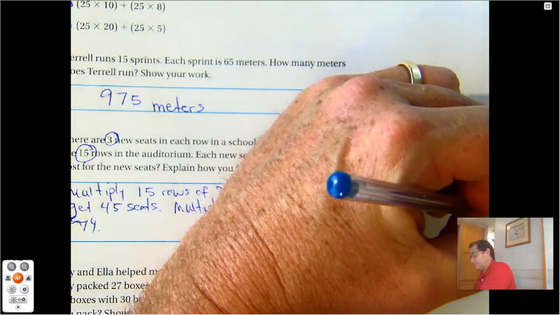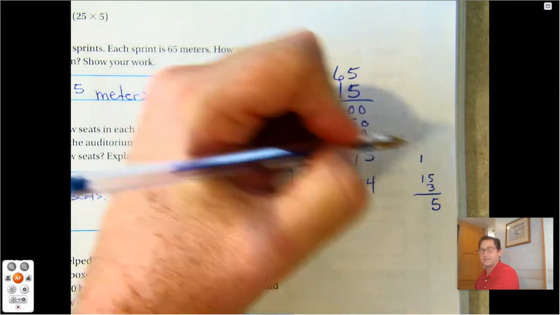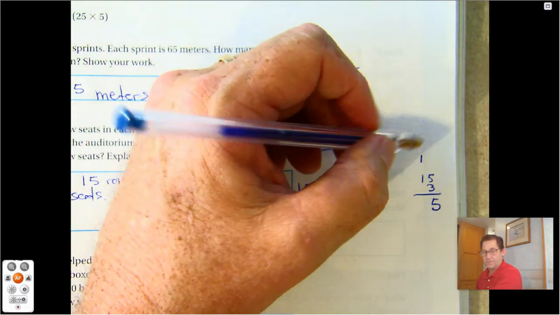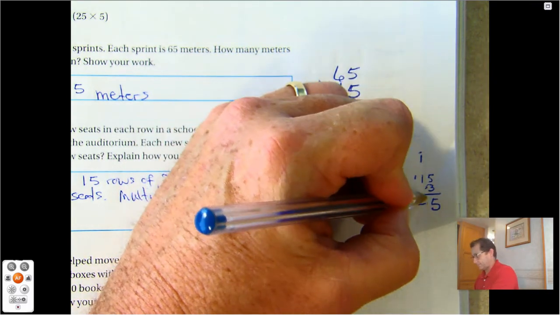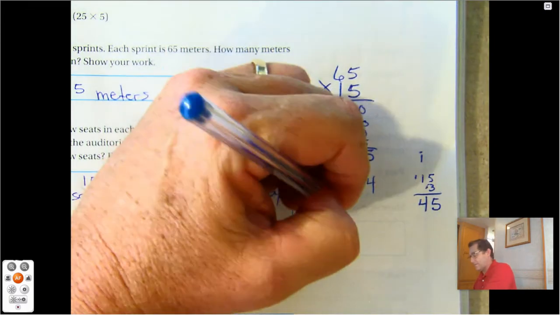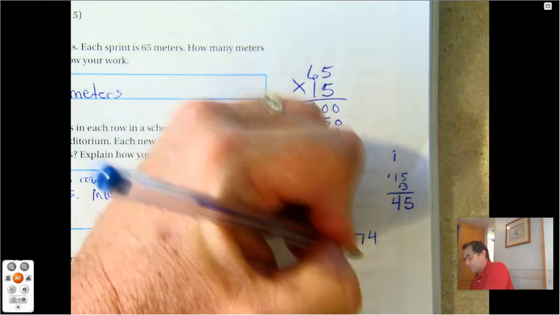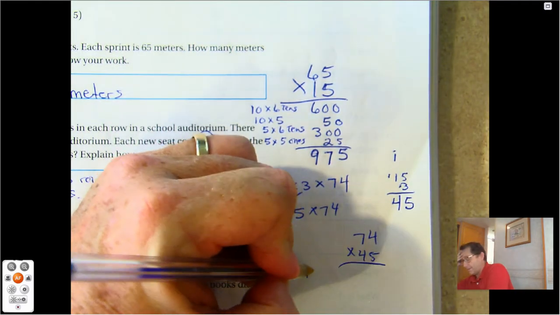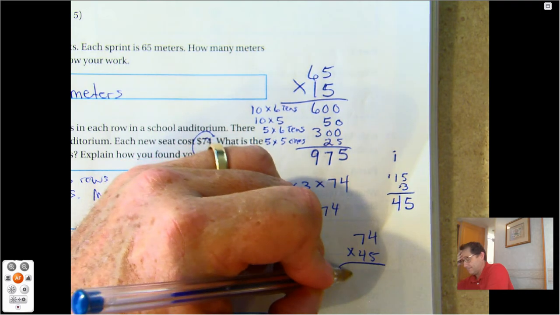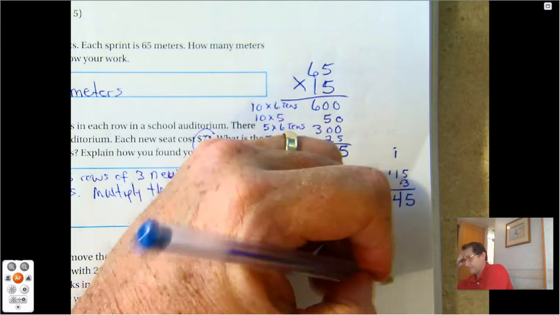3 times 5 is 15. Regroup the 10 of the 15 ones as 10. 3 times 1 is 3 plus 1 is 4, so 45. And then we need to multiply 45 times 74. So we'd write it stacked on top of each other, and we'd have 40 times 7 tens. 40 times 7 tens is 280, or 2,800.